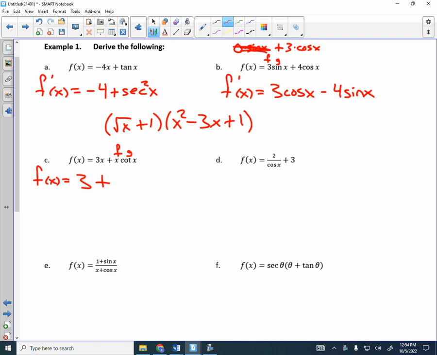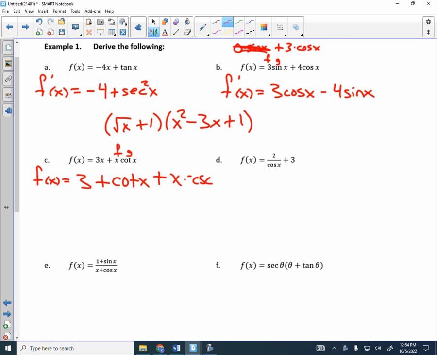What's the derivative of x? 1. Easton, the derivative of x is... Yes, 1. Very good. Times cotangent of x. Plus, then what? x times, what's the derivative of cotangent?